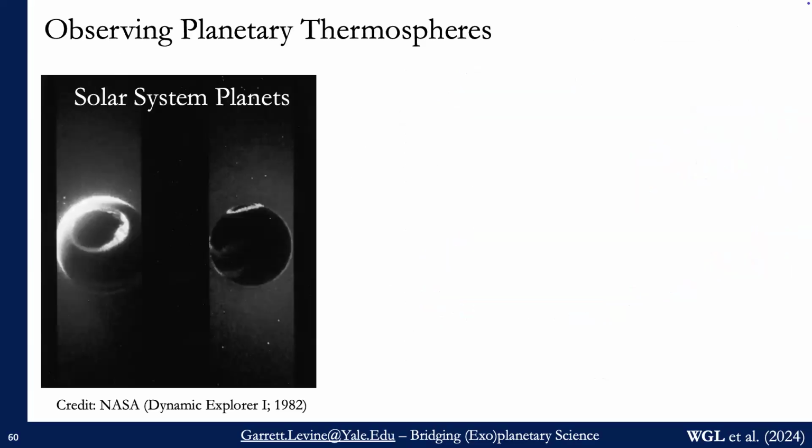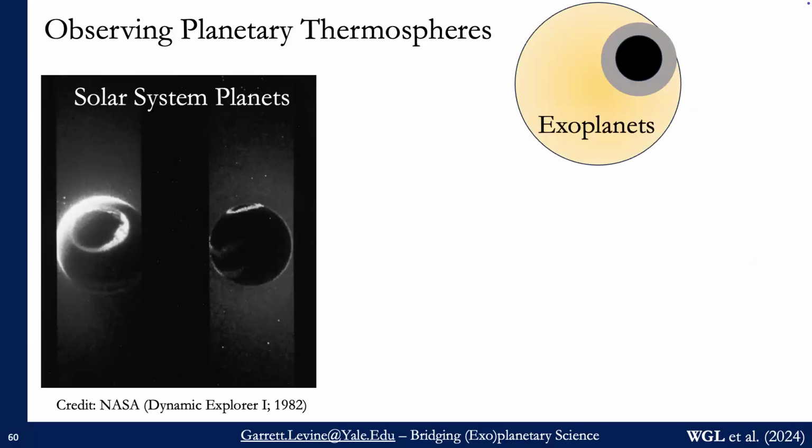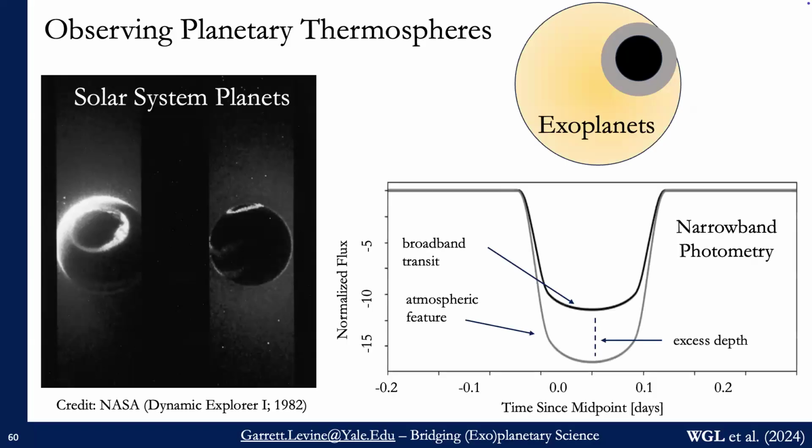In the solar system, we're lucky enough to observe our thermosphere and exosphere in situ. This is Earth's exosphere in Lyman Alpha from the Dynamics Explorer 1 probe in 1982. But for exoplanets, we're studying atmospheres with transmission spectroscopy. Today I'm going to talk about narrowband photometry, where we have a narrow filter around our atmospheric feature of choice.